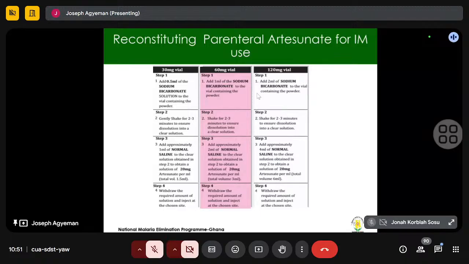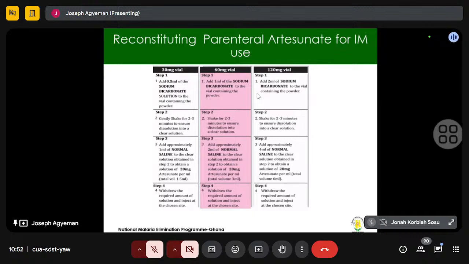You know your V1 to be 0.5 mils. Your C1 is 30 milligrams per 0.5, and then your C2 is that. So you can convert those concentrations to percentage terms. When you get the percentages, then you fix it in the formula. V1C1 is equal to V2C2.